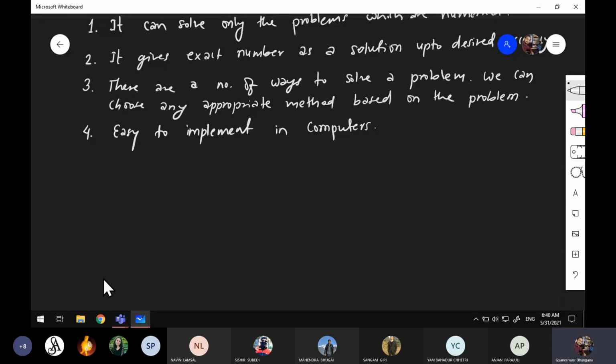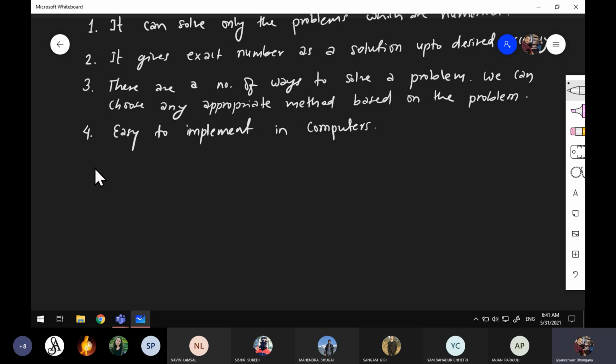Okay, programming the solution will be easier if we use a numerical method rather than an analytical method, because in a numerical method, no matter how many steps it involves, having a solution with a large number of iterations is not a problem for computers, because computers are good at problems involving iterations and looping, right?